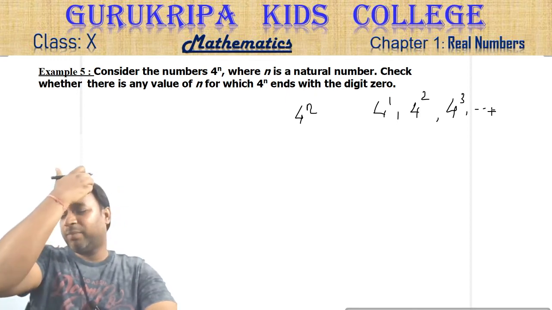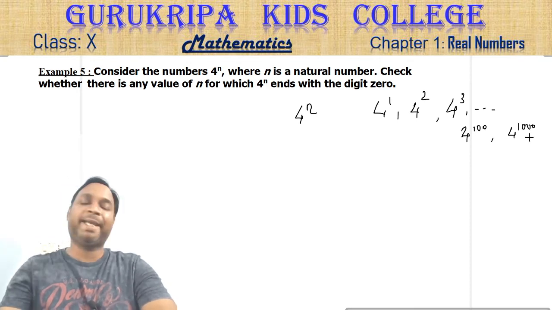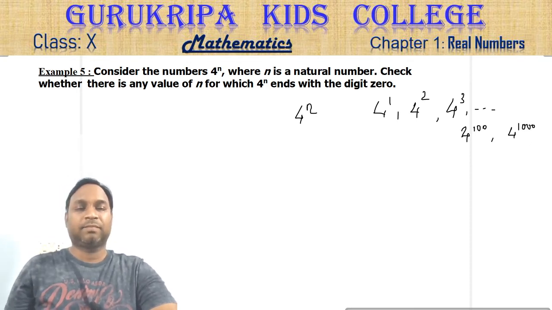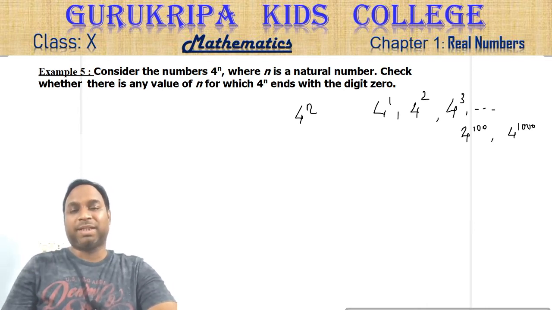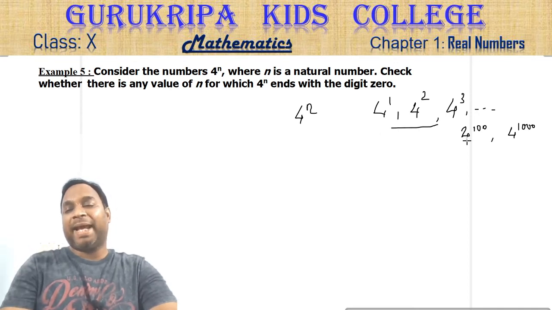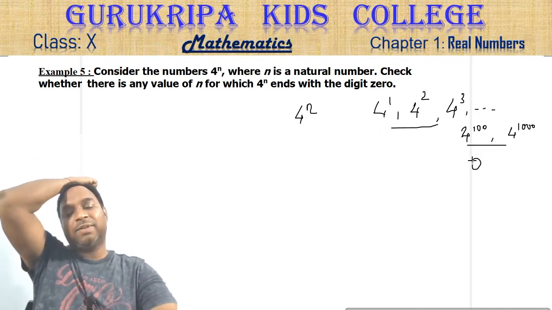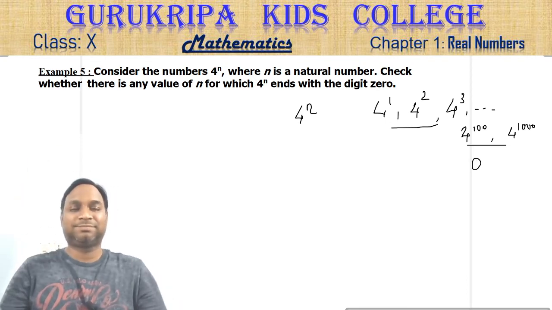Maybe 4 to the power 100, maybe 4 to the power 1000, and can be any number. So among all these numbers, can any of these numbers end in a 0? Can any of the numbers have a 0 at the end? How can you decide?